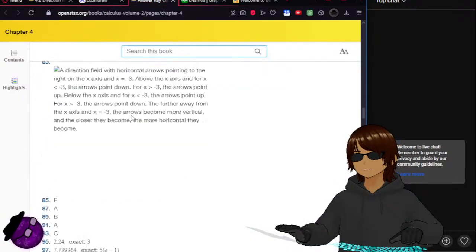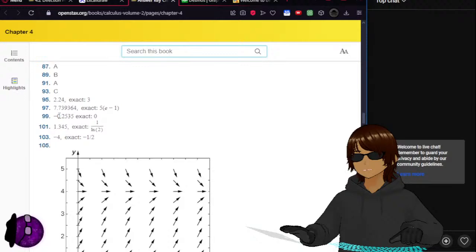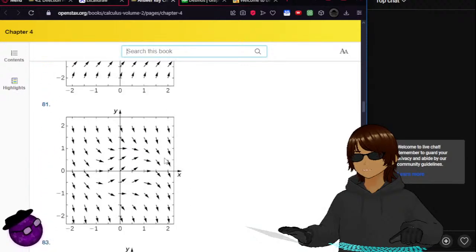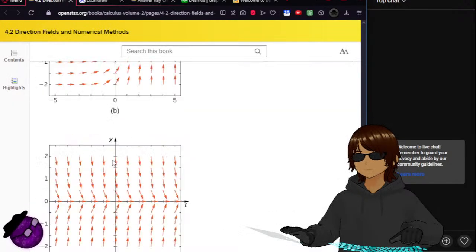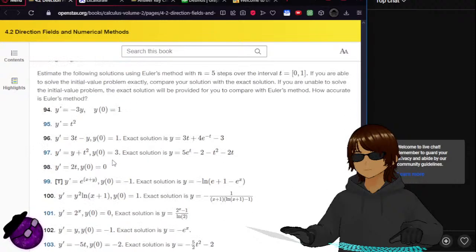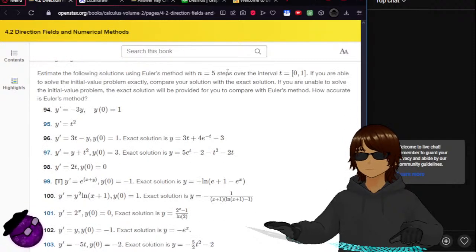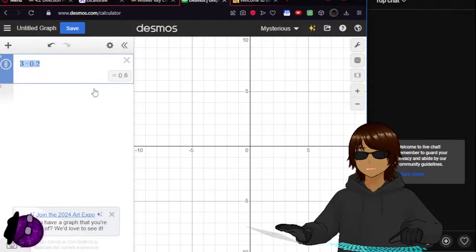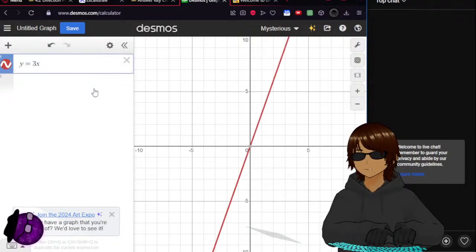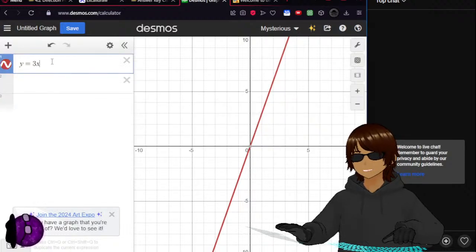So question 97. Y is equal to 3x. Let's plot this. Oops, y is equal to 3x.